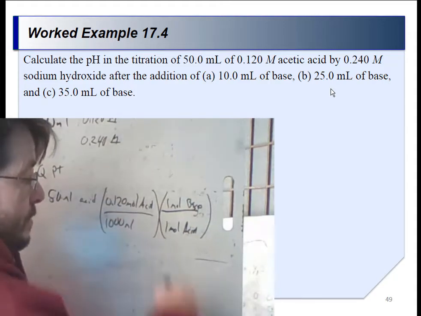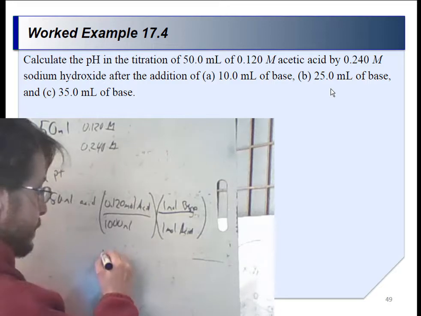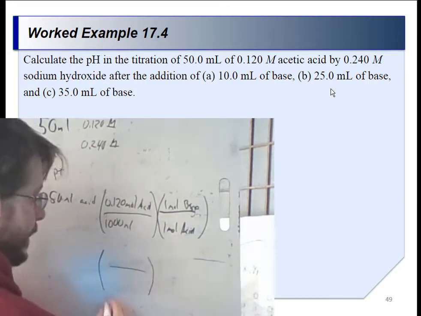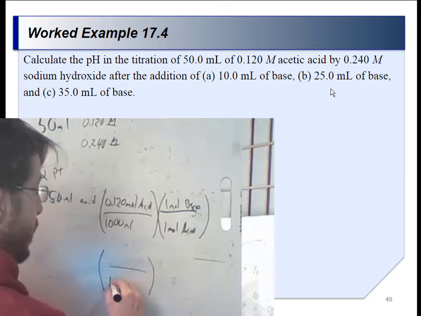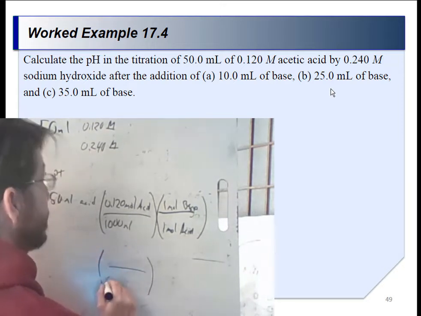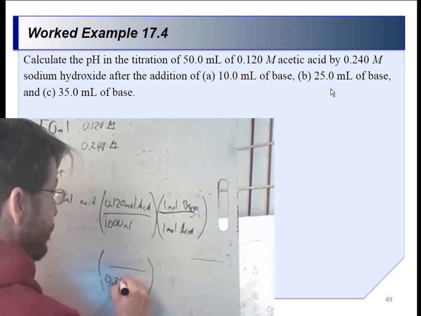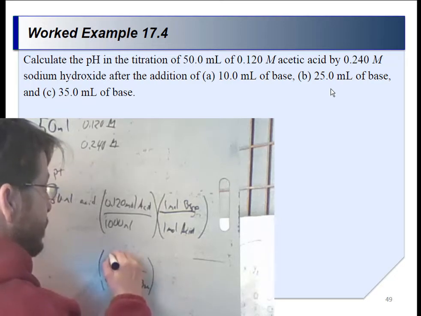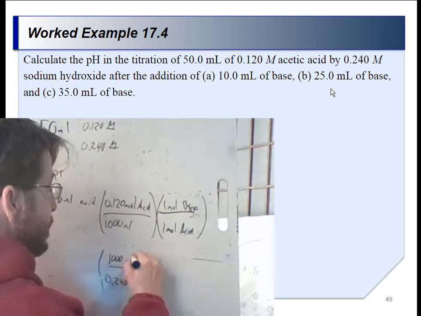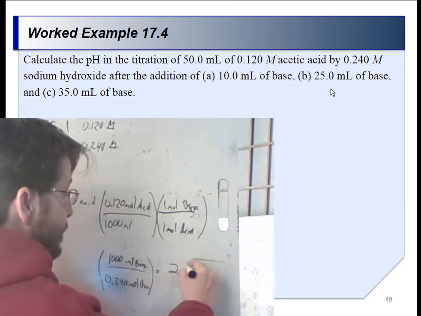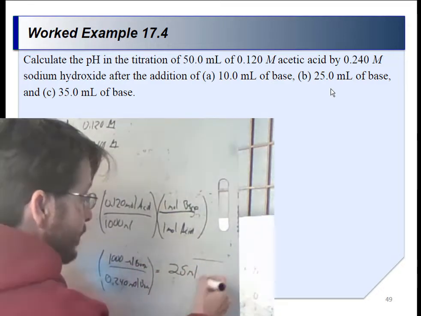Again, it's a one-to-one stoichiometry, and I'm doing this the long way. Therefore, for every 0.240 moles of base, that's equivalent to 1,000 mils of base, and out comes 25 mils. So that's our equivalence point.